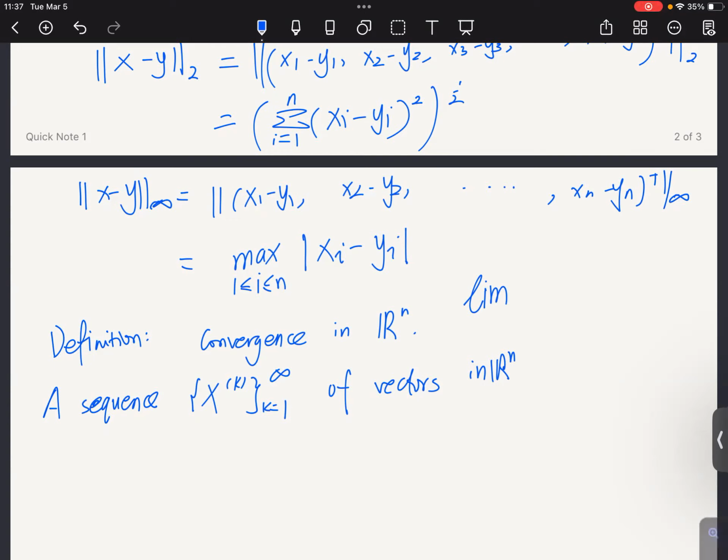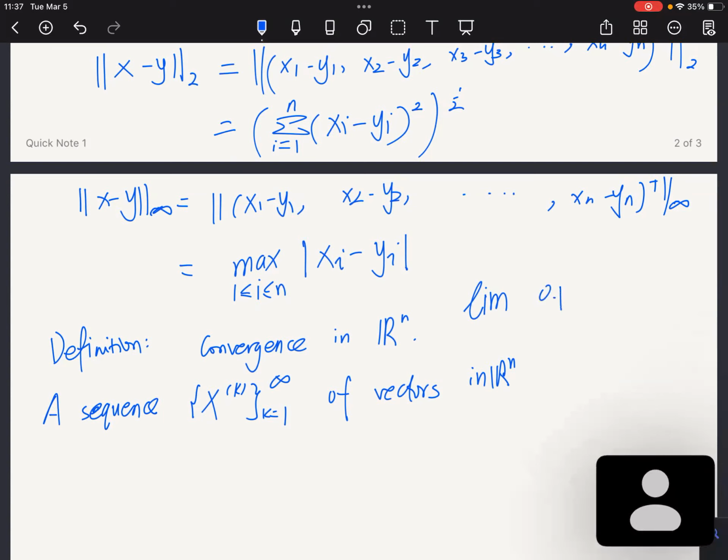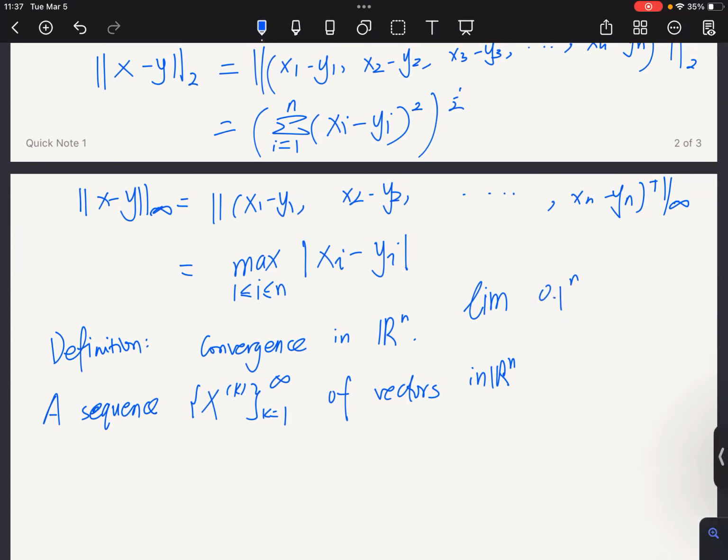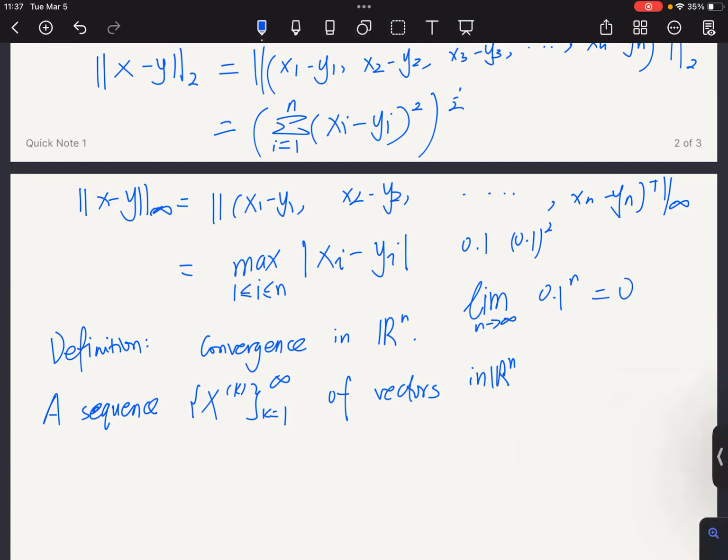If you have x_n, a sequence of numbers starting from 0.1, 0.1 squared, and so on, and you take n to infinity, this is equal to 0, right? And this is the limit in the real numbers. Now we have the limit in R^n, the n-dimensional space.